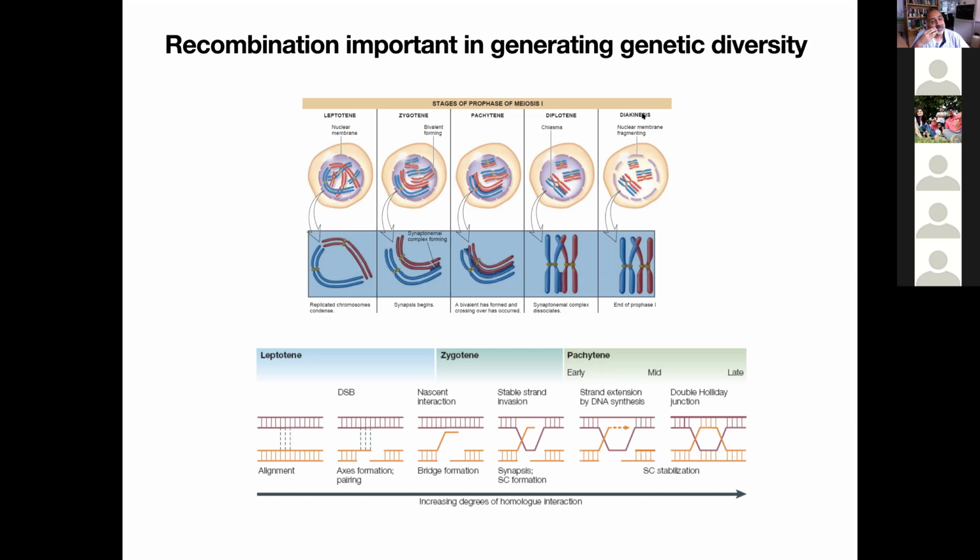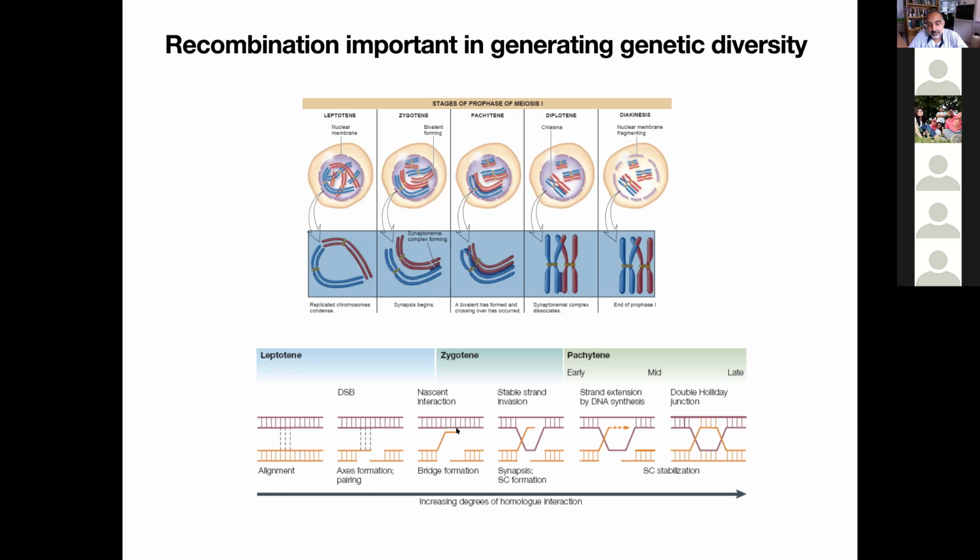But essentially during this phase of meiosis, prophase, we're getting recombination events happening between chromatids, and these events start early in leptotene. You're getting homologous pairing.